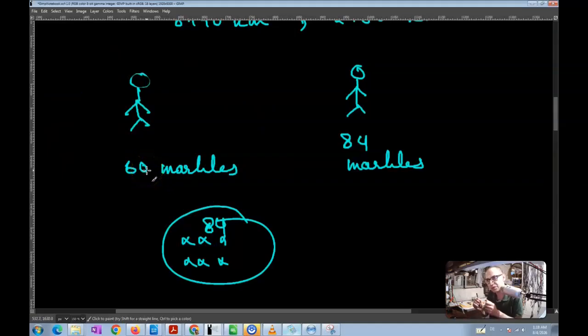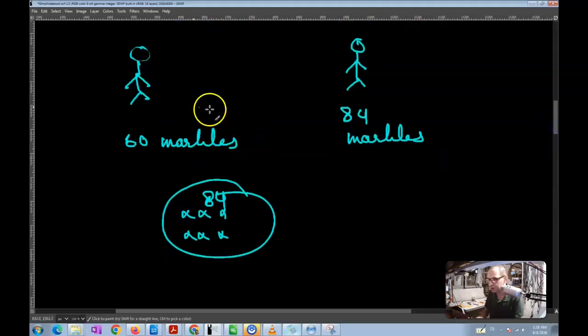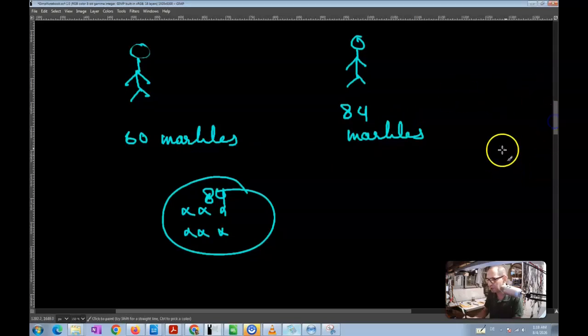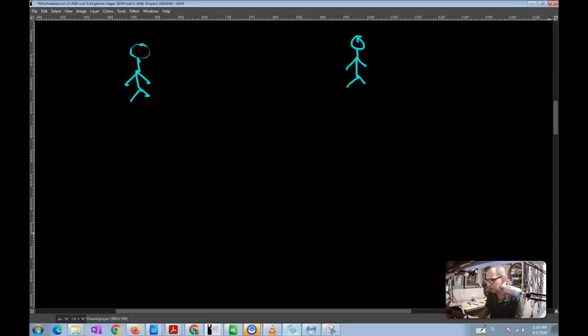Now to know the difference between the number of marbles that these two people have, what I can do is that I have 60 marbles over here, I have 84 marbles over here. Now to make it simpler, I'm going to change the number of marbles so that we can do actual calculation here.